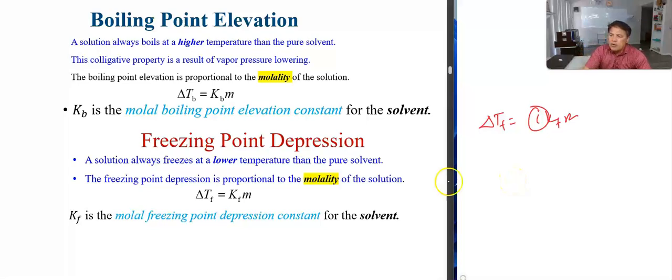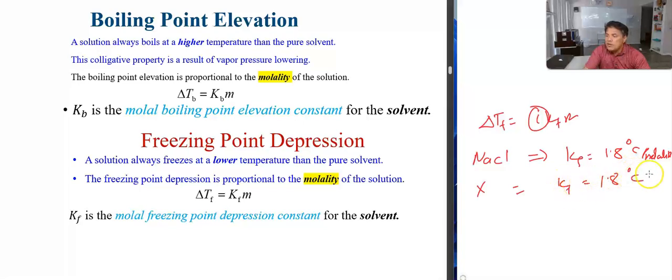For example, suppose NaCl has Kf equal to 1.8 degrees centigrade, meaning it can decrease by 1.8 degrees centigrade per molality, and another compound X also has Kf equal to 1.8.